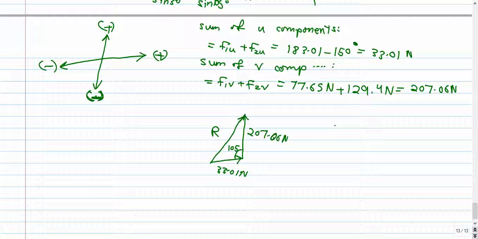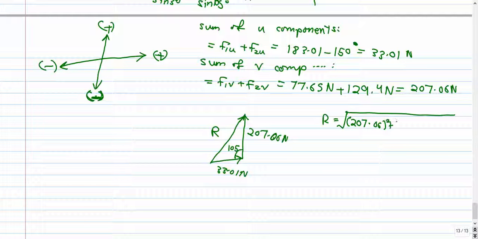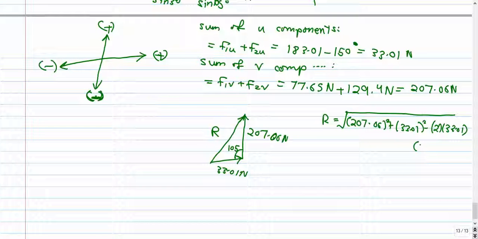If you don't know what the cosine rule is, you should Google it. But according to the cosine rule, R should be equal to the square root of 207.06 squared plus 33.01 squared minus 2 times 33.01 times 207.06 times cosine of 105, all under the square root.